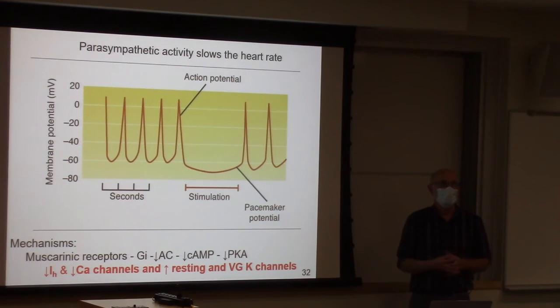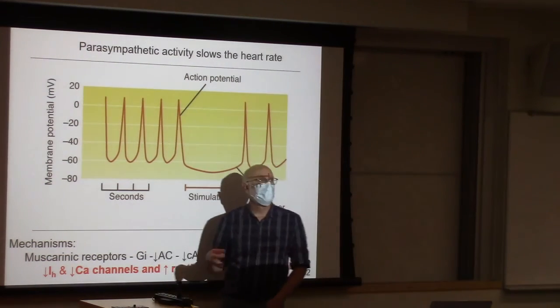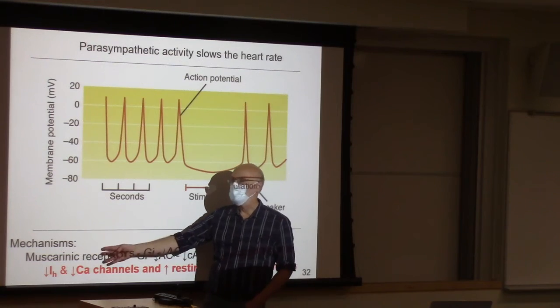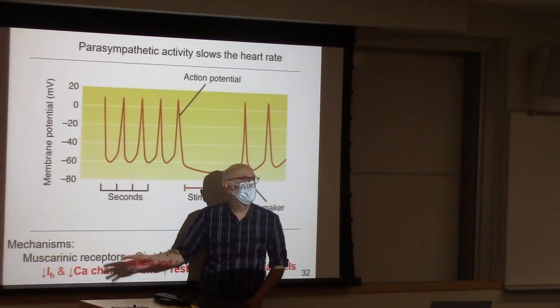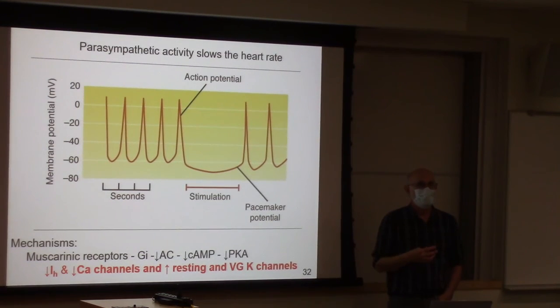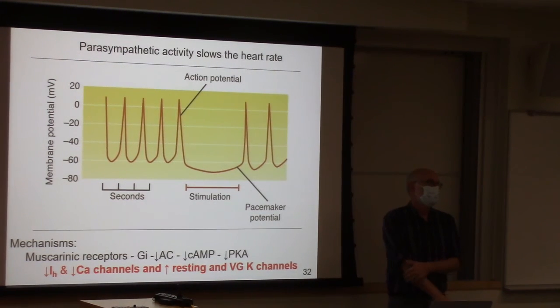Muscarine is a toxin that's found in mushrooms, and poisonous mushrooms have toxic levels of muscarine and cause death by activation of muscarinic receptors. Well, we don't die when we activate our muscarinic receptors by the amount of acetylcholine that we normally do. Okay? But the name comes from a toxin.